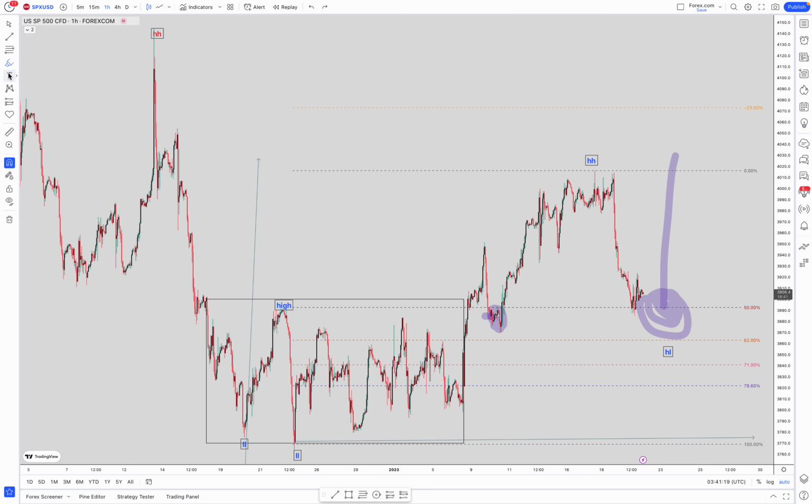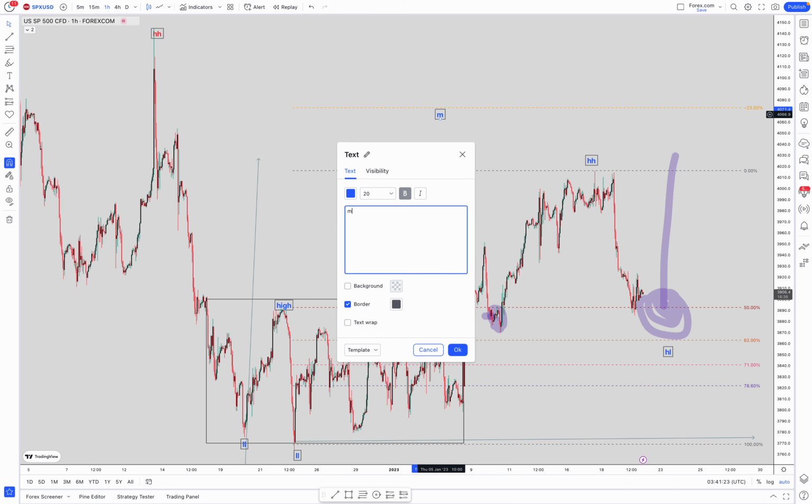Okay, let's write it down. Market is bullish on 1 hour time frame. What else?